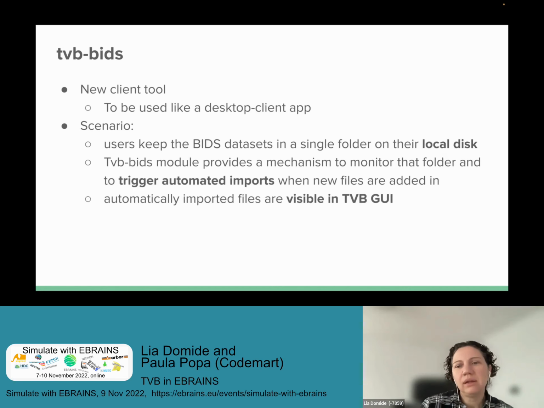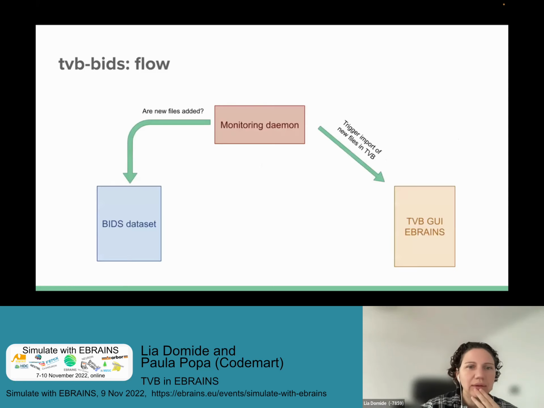Any file added to that folder can trigger an automatic import, and this TVB BIDS monitor will push the new data to a TVB web installation that is under your control, and this data will then be arranged or wrapped into TVB data types that are visible in the graphical interface of TVB and can be used later on directly there.